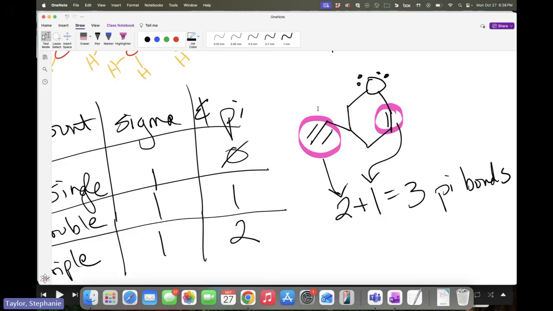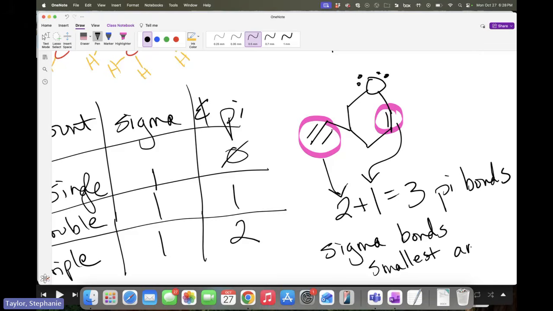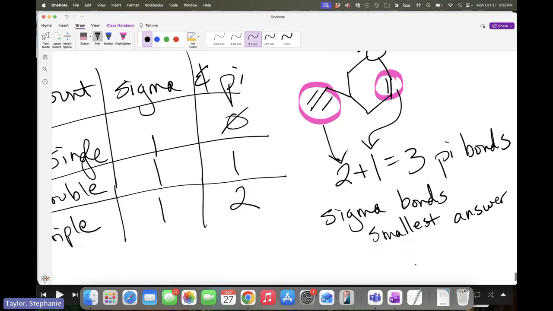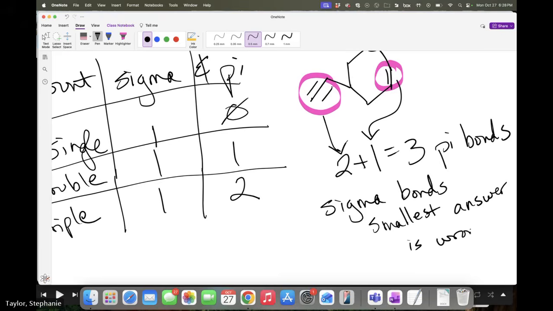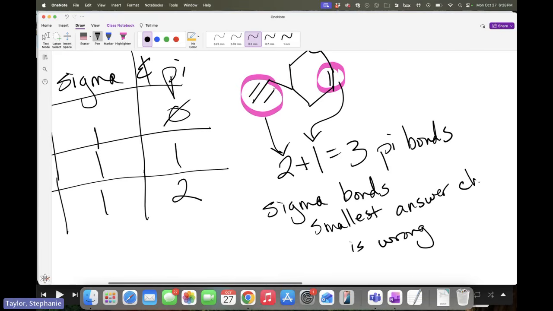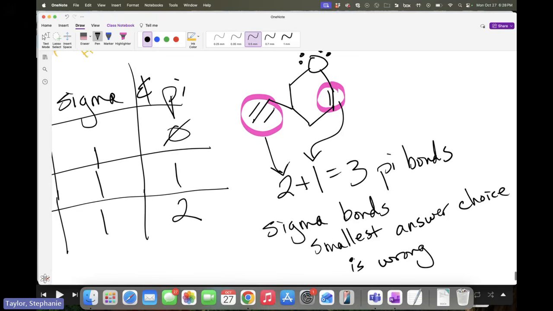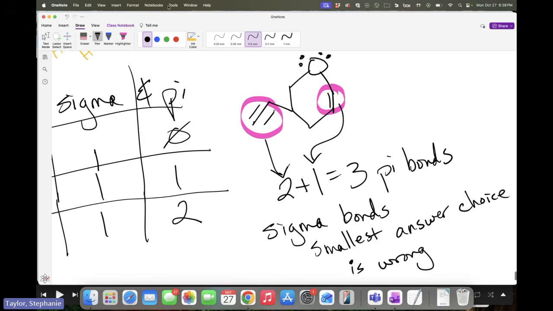Again, we don't have to do this, but from an exam writing standpoint, if it's a multiple choice question on sigma bonds, the smallest answer is wrong. The smallest answer choice is wrong, and I'll show you why. It's actually a trap I fell into today because I was tired.